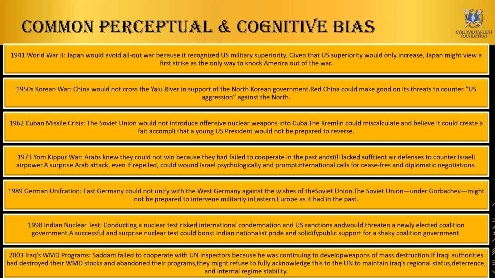And it was so strong, they could never believe that somebody would do this. Had they had that 1% inkling, they would have created ways to stop it. They missed it, because this perception was so powerful they could not see anything else. The second line they missed to observe is that a successful and surprise nuclear test could boost Indian nationalist pride and solidify public support for a coalition government.